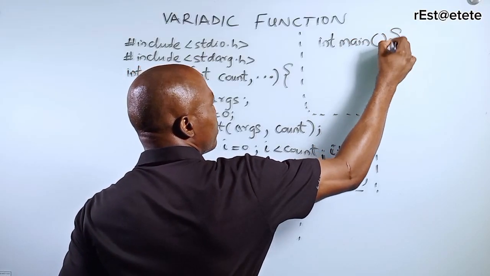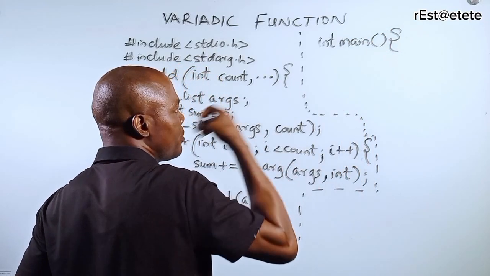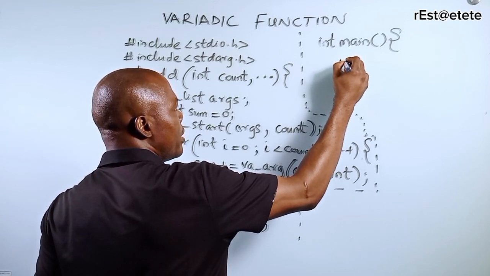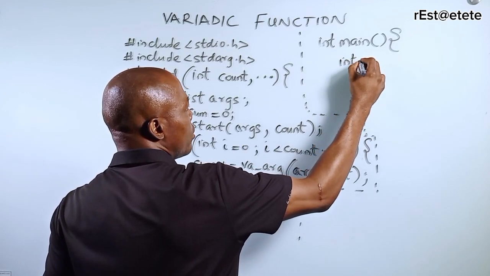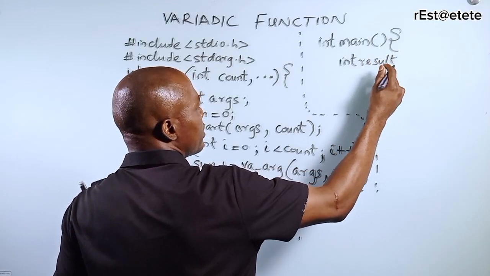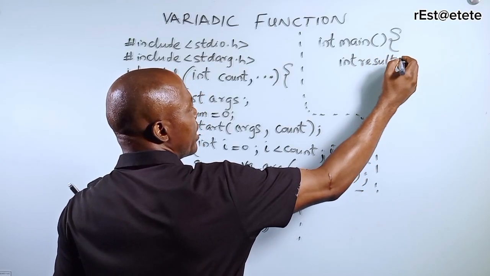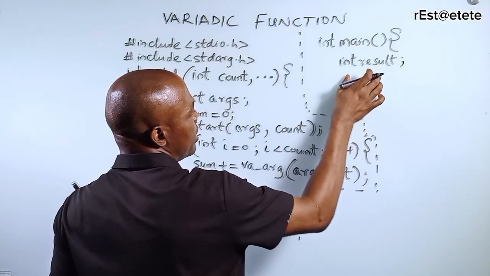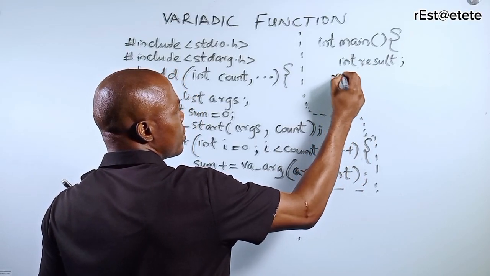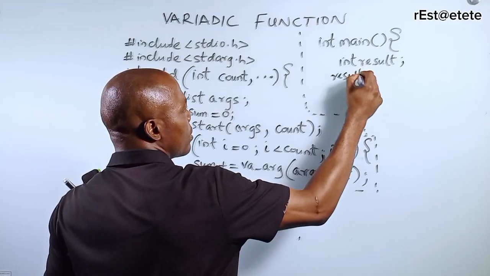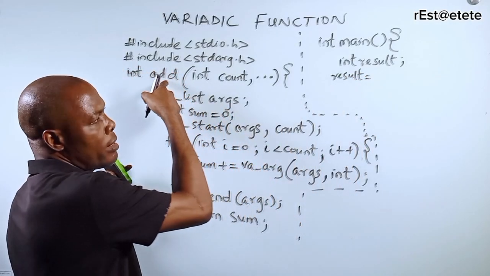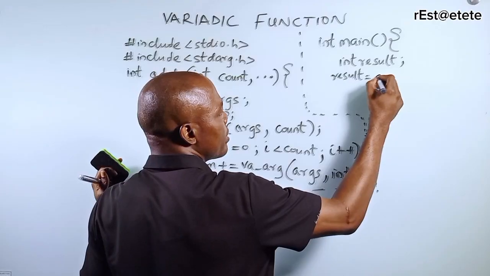This is my main function. Then I'm going to come in. So inside this place, I'm going to declare a variable int result. So I can declare this variable int result, and I'll leave it like this. Then I will come here and I'll say result equals. So I will call this my function add.